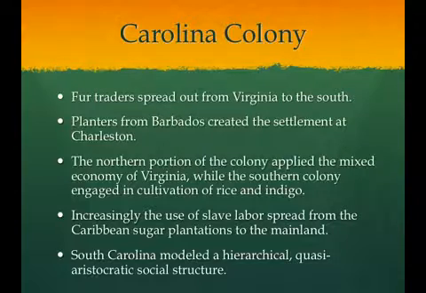South Carolina, probably of all of the British North American colonies, tended to be the one that most modeled English society. It tended to be very hierarchical. The planters in South Carolina were aristocratic in their style, in their tastes, in their home construction.